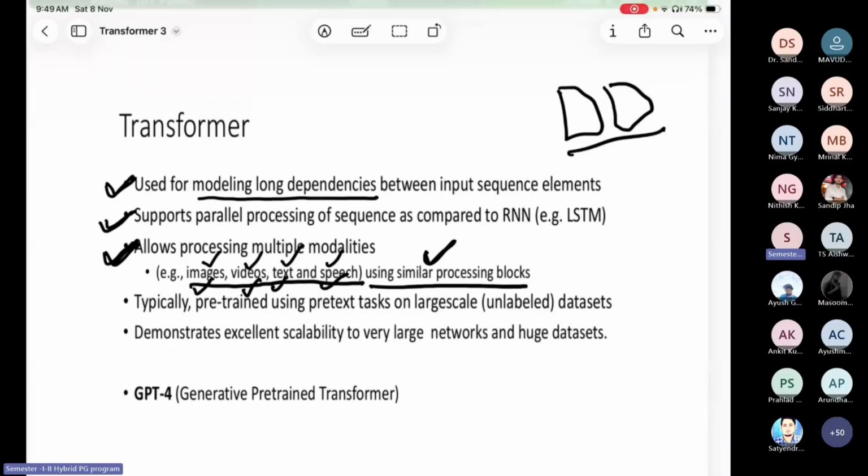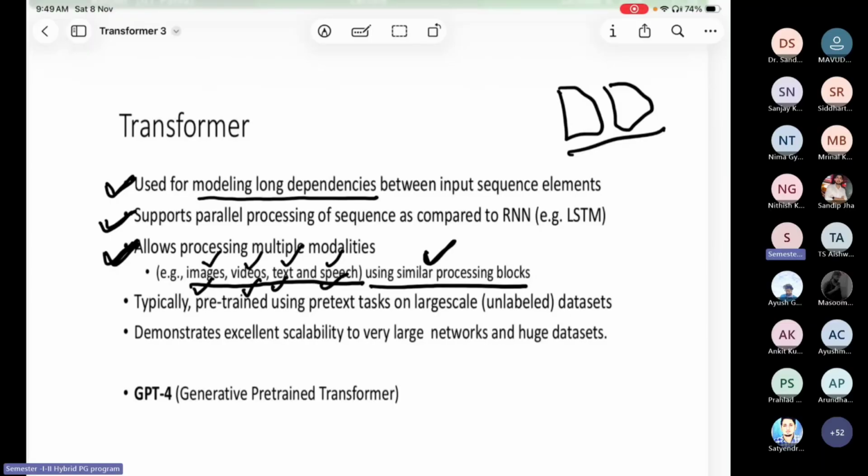So whenever your data or modality changed, you needed a different type of architecture and different blocks, which is not required in the case of the transformer. A similar type of block can be used for solving different problems and different modalities.